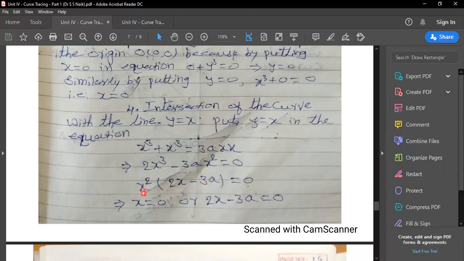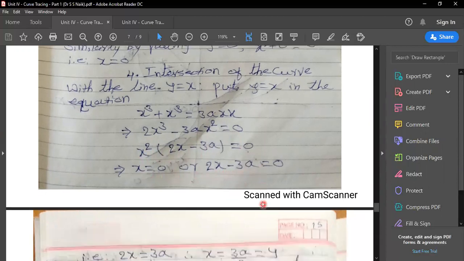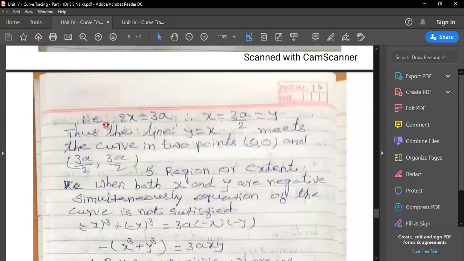Implying x is equal to 0 or 2x minus 3a is equal to 0. Then 2x is equal to 3a, or x is equal to 3a by 2, which is also equal to y. Thus, the line y is equal to x meets the curve in two points, that is the origin (0,0) and (3a/2, 3a/2).